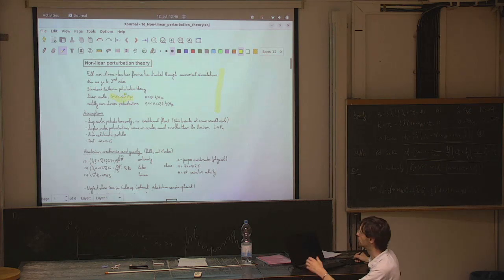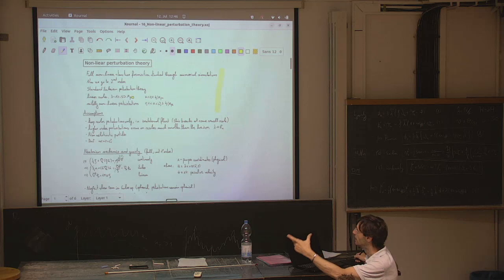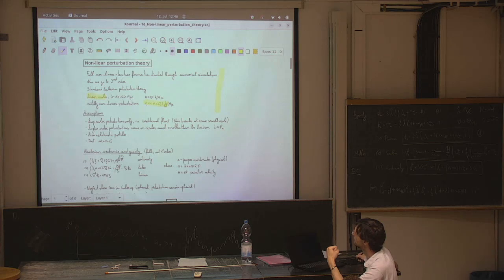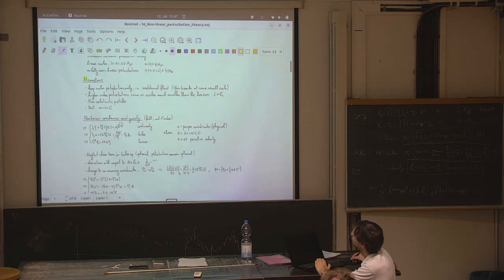So when you're talking about 10, 15 megaparsecs in terms of wavelength at low redshift, we are still in the linear regime, but at smaller wavelengths, or larger k modes, we are in the mildly nonlinear regime, if we are talking about these scales. On even smaller scales, it's highly nonlinear, and you need numerical simulations, there is no way out, okay? Good.